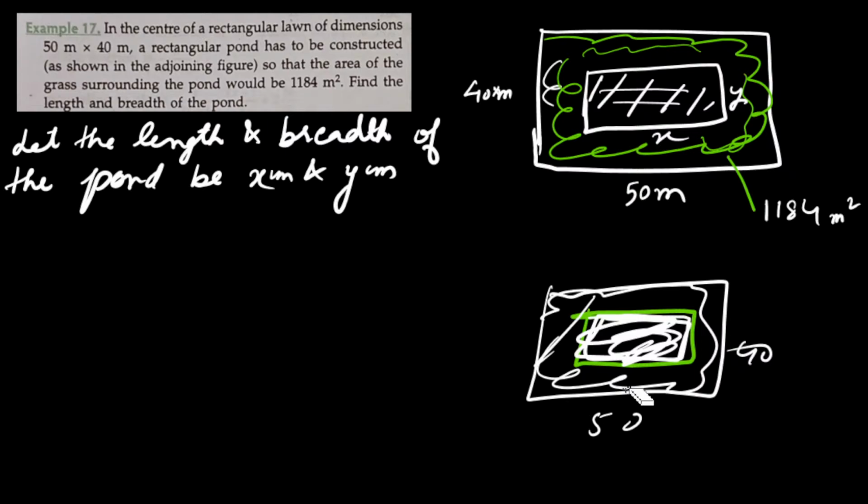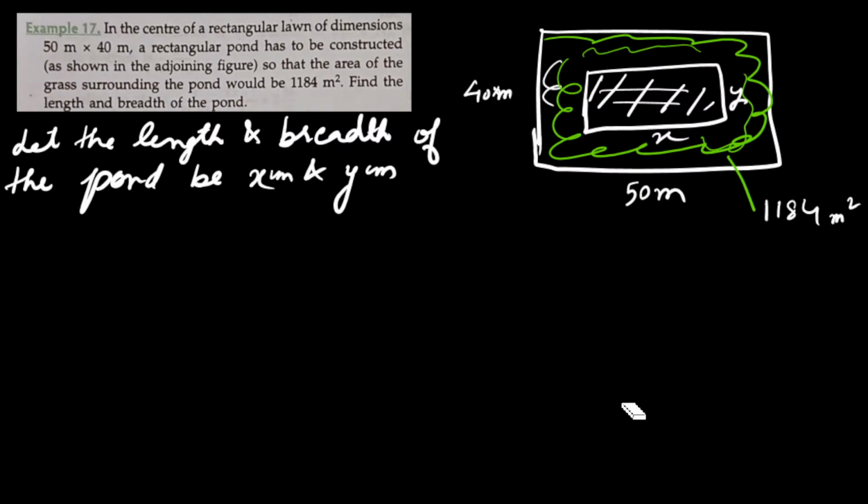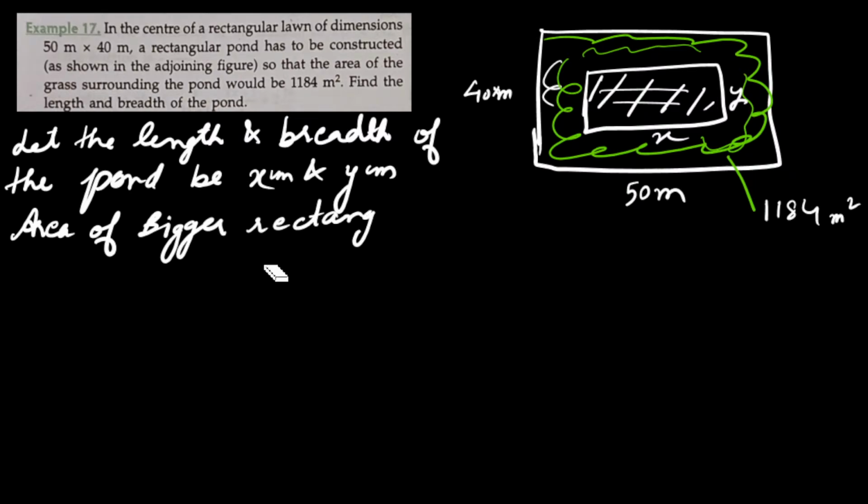Same concept we have to apply here because that area is given to us. First of all, let's find the area of the bigger rectangle, that is our rectangular lawn.